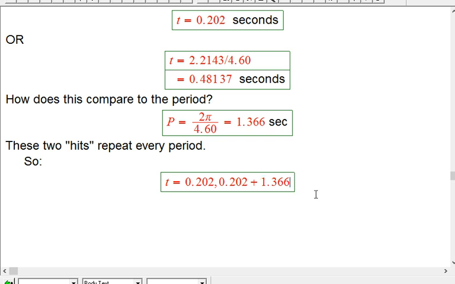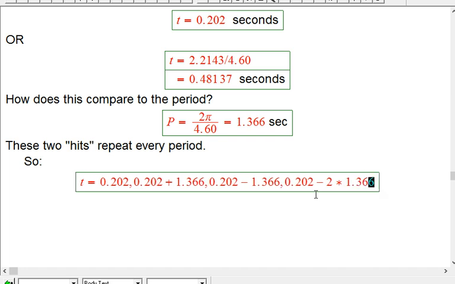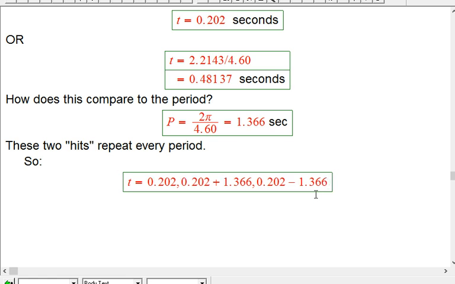So that is going to go away, but we might have to go backwards in time. I want to make sure that people realize that that's very often legitimate. 1 period ago, that totally works. That's not going to be less than -2. But let's see, 0.202 minus 2 times 1.366? Nah, pretty easy to calculate that out, and that's less than -2, so we don't need that guy. Okay, so not surprising, one of the seed values gave us 3 actual values.